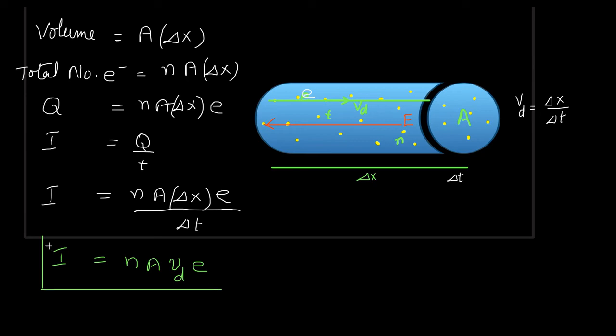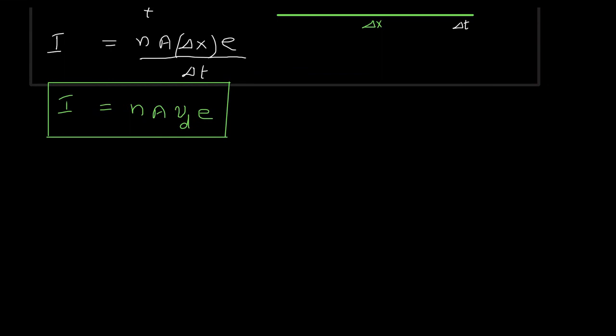What is meant by the term current density? Current density is represented by the symbol J, and current density J equals current per unit area of cross section.